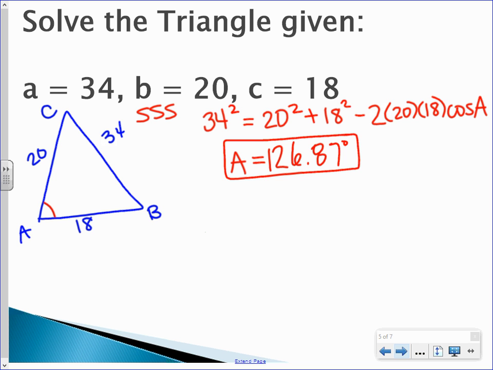Okay, so now if you want to find, I don't know, angle B, we can take the sine of angle B over 20 and set it equal to the sine of 126.87 over side A, 34.